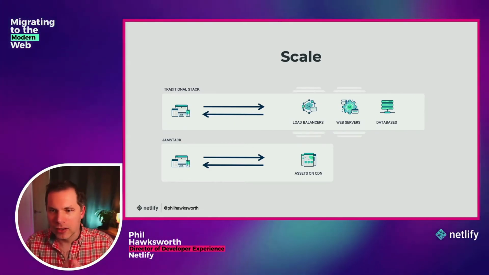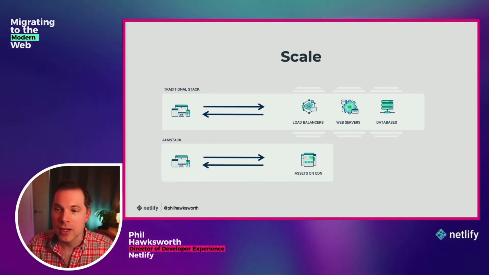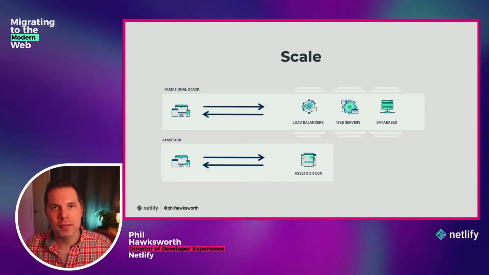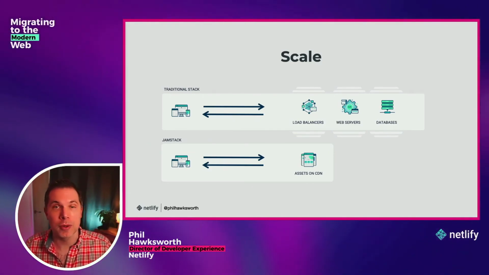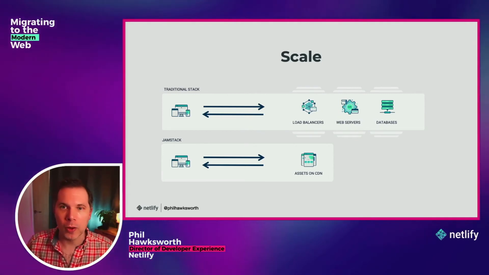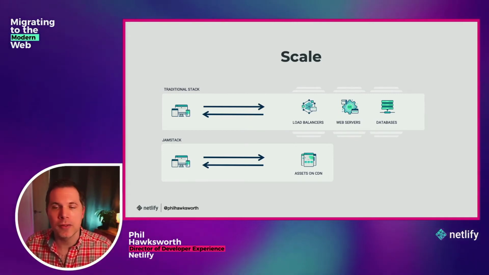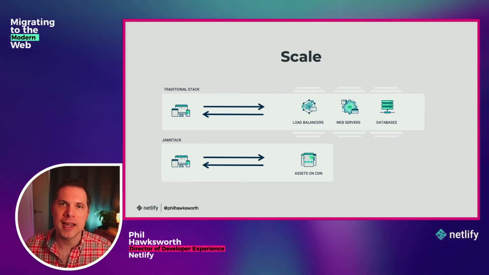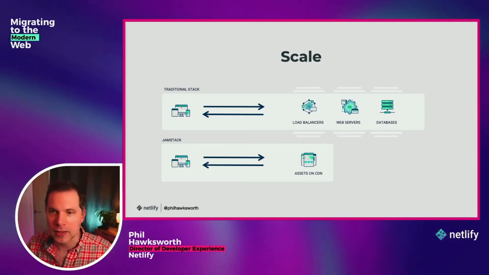We'd be adding to the load balancers, more web servers, more database servers. This is all more for us to provision, to maintain, to pay for, and to deploy to and keep in check. So although that's how things scale in the traditional stack, Jamstack is built for scale by default because we're serving things from a CDN and their job is to serve things at scale. So we kind of get that out of the gate.